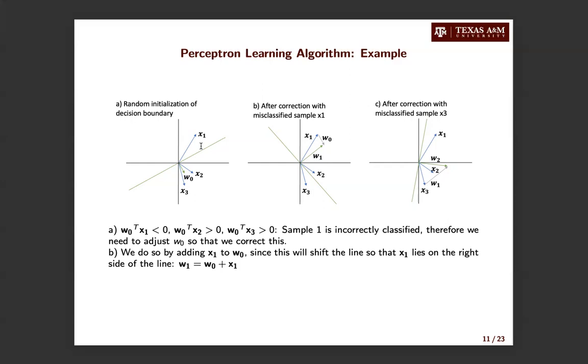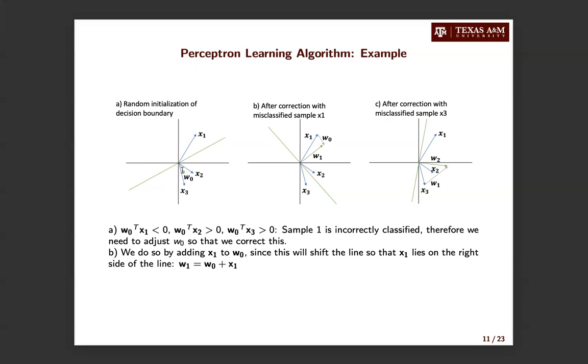Here we also have a convention that whatever is on the right side of the decision boundary, we will say that it belongs to class 1, and whatever is on the left side of the decision boundary, we will say that it belongs to class -1. Here, we also see that this green line is being represented by this vector W0, and the direction of this vector indicates the direction of whatever is on the right side of the line or on the left side of the line.